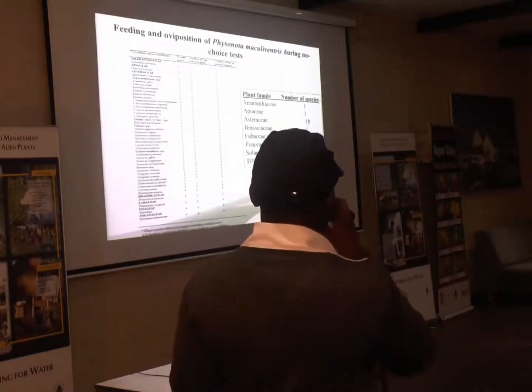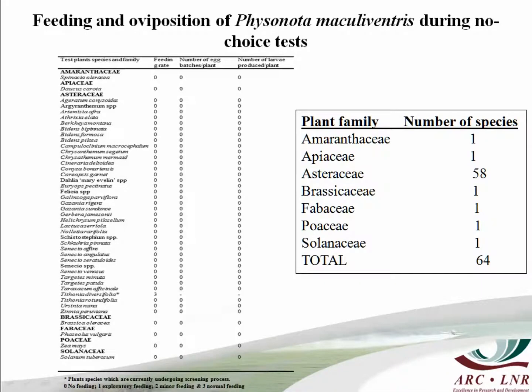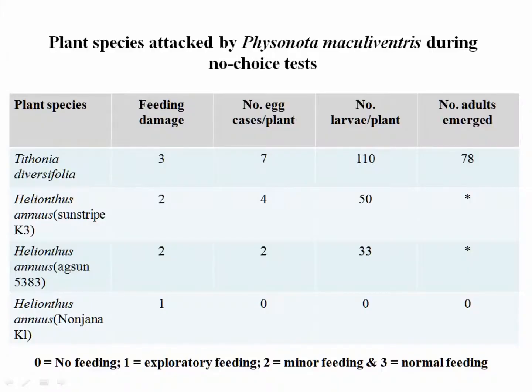And then this is the summary table of the test plants that I have tested. In total, there are 64. The insect rejected 62 plants, and these 64 include the target weed together with the other test plants. This one shows the plants that have been attacked by the insect.